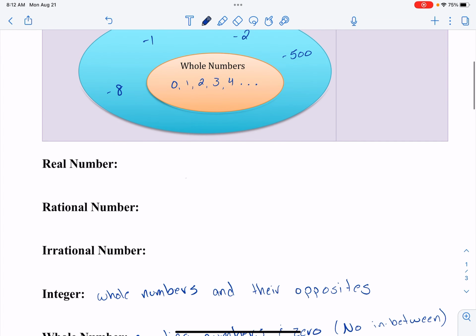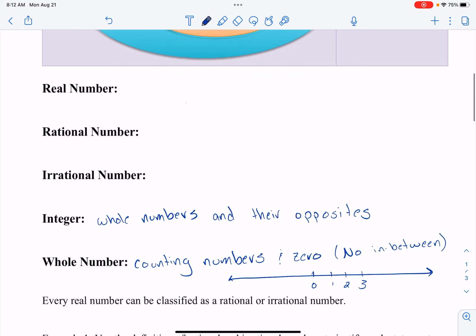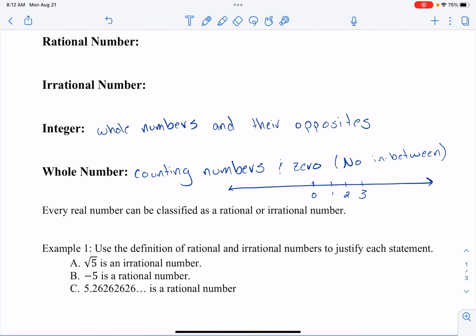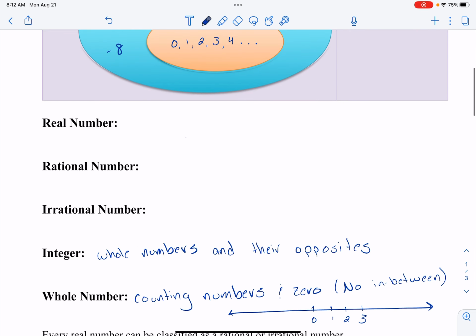Okay, so you might be asking, well, hey, what's a rational number? You remember we said these down here had no in-betweens? The rational numbers is where we then include those in-betweens. So a rational number is any number that can be written as A over B. So basically, when I think of rational number, I think of fraction.